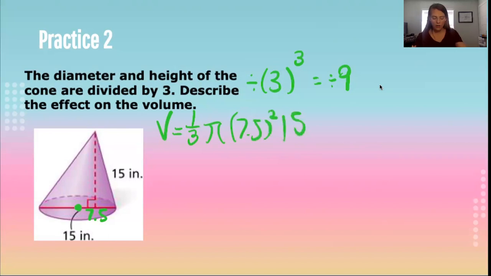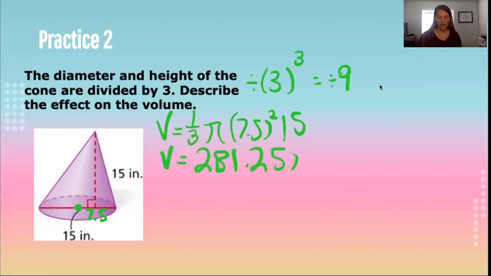Okay, so I have 1/3 times 7.5 squared times 15 times pi. And I get that the volume is 281.25 pi inches cubed.